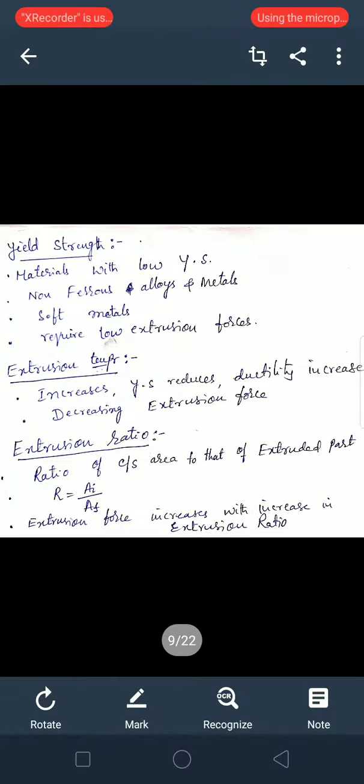However, for a given ductility, the extrusion force increases with the increase in extrusion ratio or degree of reduction. For hot extrusion, typical extrusion ratios are of the order of 40:1 for steel, while it is as high as 400:1 for aluminum. Obviously, in a cold extrusion process the extrusion ratios are very small.